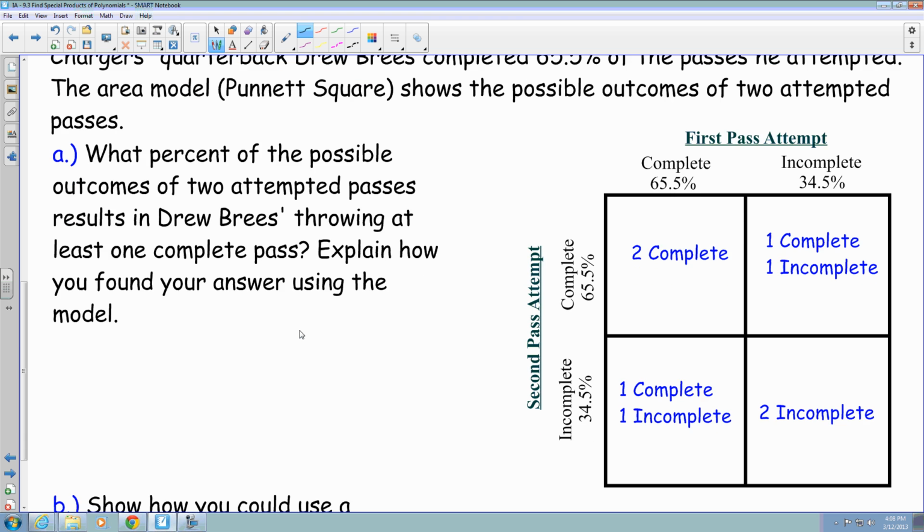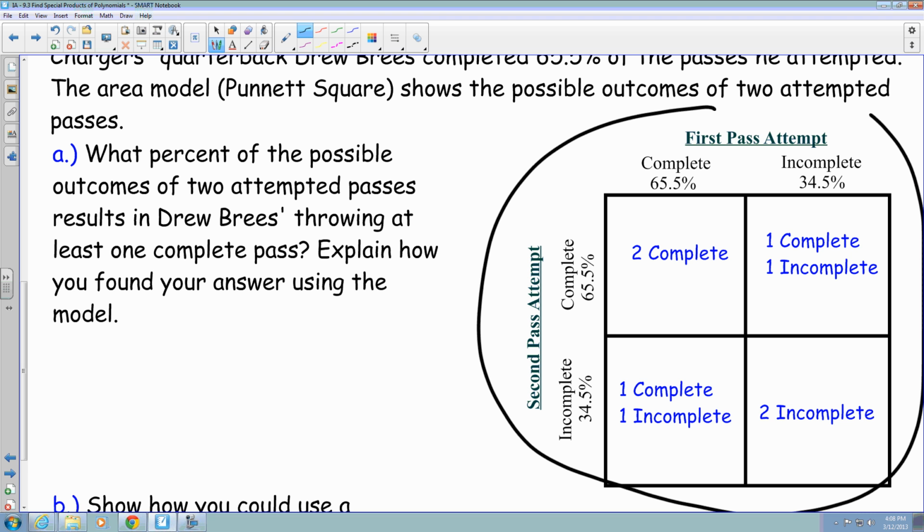Now, if you look at this here, I have different combinations of ways that he could have had results of the passes: two of which could have been completed, two of which could have been incomplete.